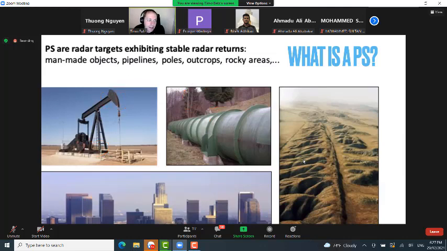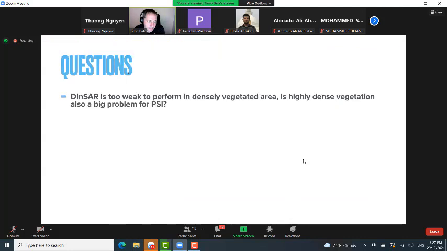Then let me go on. Okay. The INSA is too weak to perform in densely vegetated area. Is highly dense vegetation also a big problem for PSI? Yeah, the answer is yes, and we'll come to that today, on how to work on that.